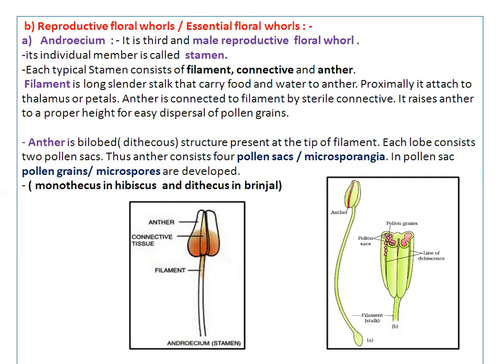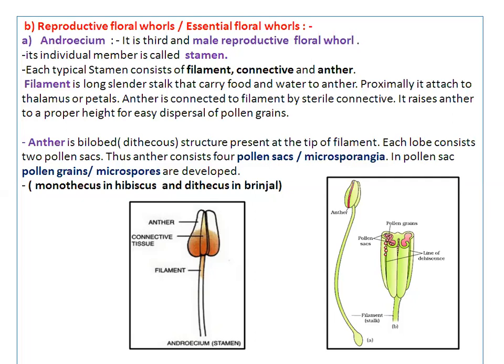So pollen grains are produced in an anther. This typical stamen consists of filament, connective tissue, and anther, and within an anther, pollen grains are developed.